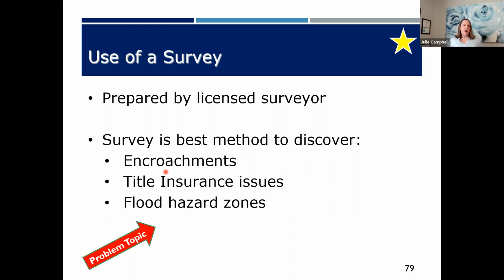I have found in my experience that it is challenging to encourage buyers to have a survey done. Now, if they're buying a condo, there's no land, don't even need to bring it up, do we? There's no land, there's nothing to survey. If we're doing a townhome, maybe, but really what we're looking at here is single family homes, anything that has land.